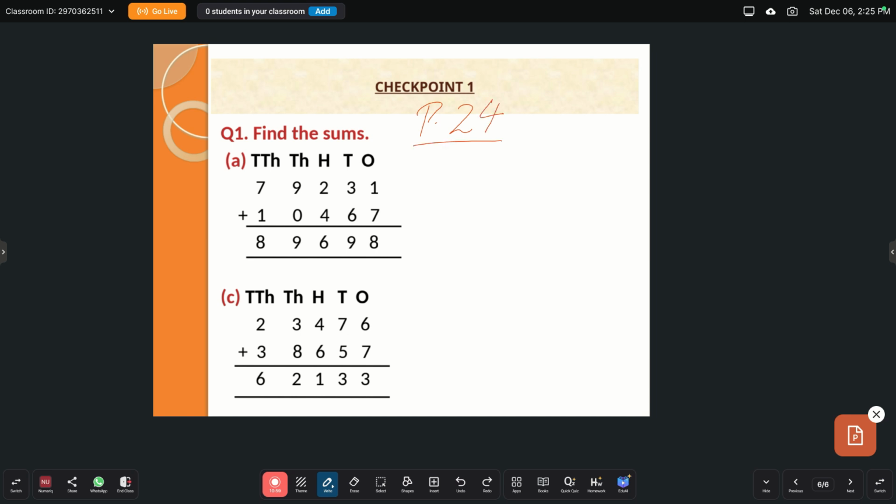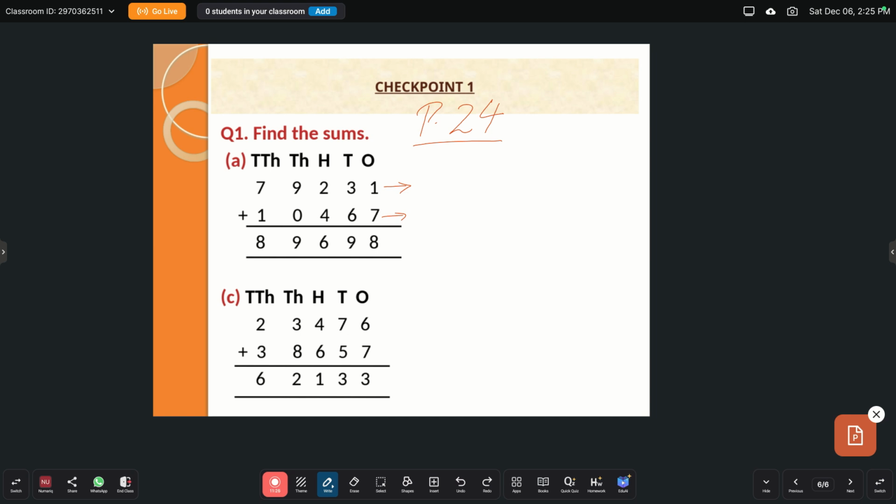Okay, beta. As you can see, there we are having first question and it's asking us to find the sums. We have to find the sum. Okay, there are two addends. First addend is this and second addend is this and we have to add them. These two addends are already arranged in columns and now we have to add them.